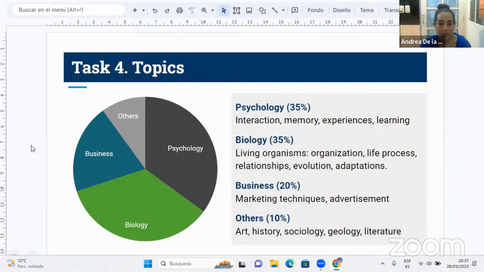So everything that's related to that. Biology is always 100% of the time for this question, animals and plants. So they talk about their evolution, their adaptations to the environment, to catch prey, to survive, to get food, those types of things. Business, usually marketing techniques and advertisement, but sometimes you get something related to economics as well.